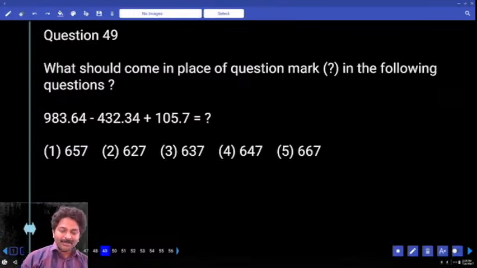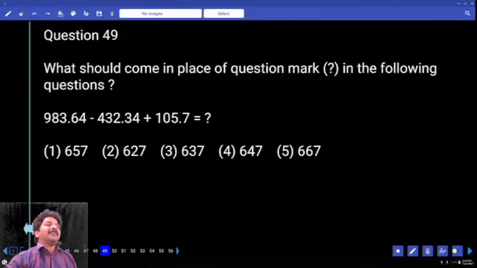Right. So first, you cannot use last digit verification because every option is ending with 7 only. And all are close enough numbers with a difference of 10, 10, 10 like that. Correct? So by default, you don't have to verify the last digit because even if you verify, it ends with 7 only. Now, how much difference is there among options? 10, 10, 10, 10 difference is there.